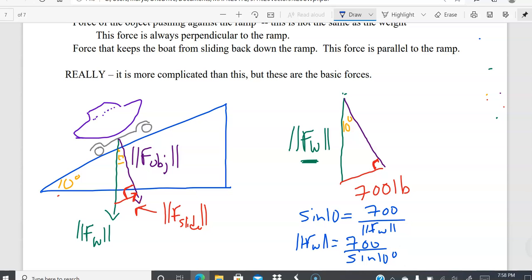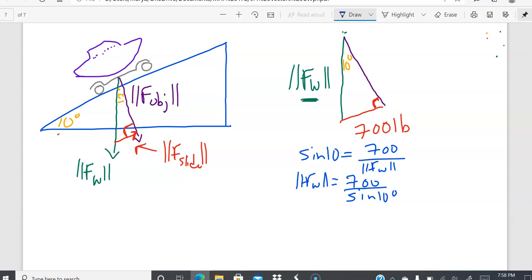And you should get an answer. The combined weight of both the trailer and the boat is 4,031.1 pounds.